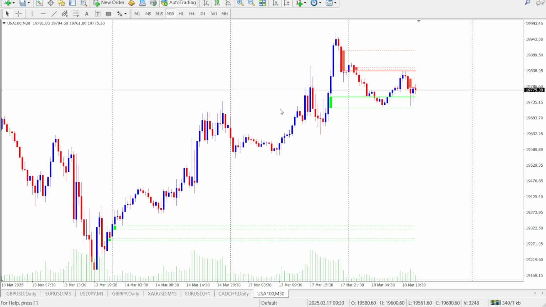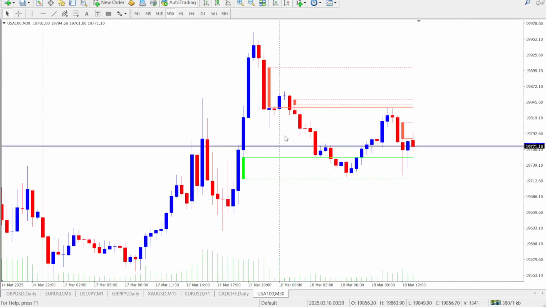Because it's a custom indicator. Once you have applied this indicator to your chart, you're going to see green and red rectangles.